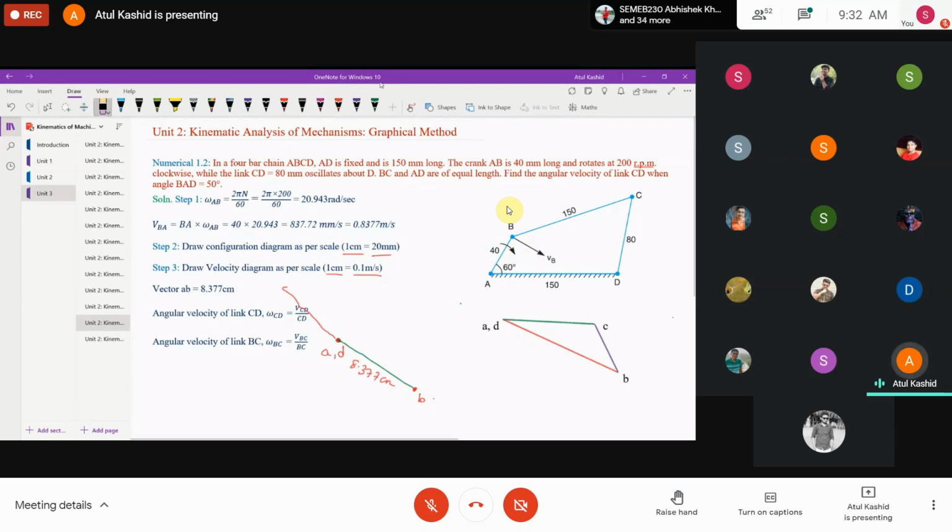If it is moving in the anti-clockwise direction, then the velocity vector would be in this direction. In that case, we would have gone in this direction. But this is not the case in this numerical. The link is rotating clockwise, so we have to show the direction in this way. So is it clear up to this point? Please reply everybody.